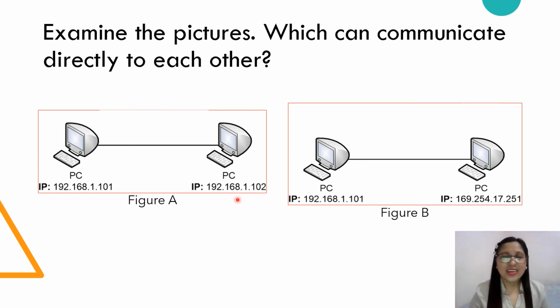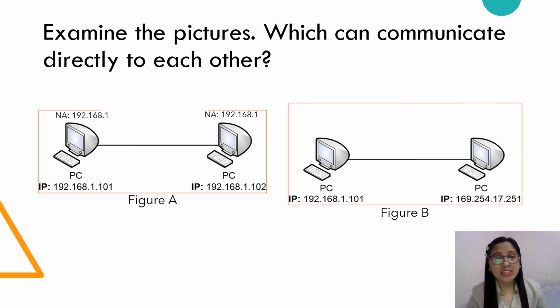Yes, they are both class C. Then, the network address of these two IP addresses is 192.168.1. They have the same network address. Consider also the host address of each PC.